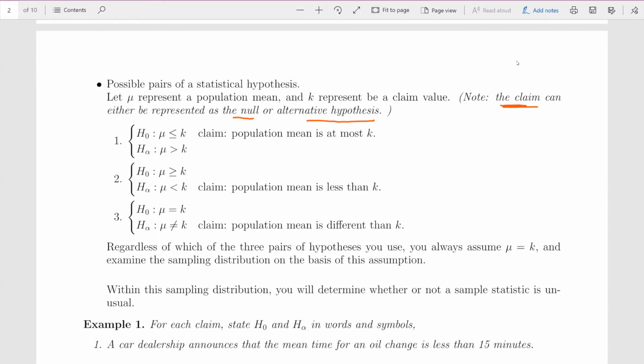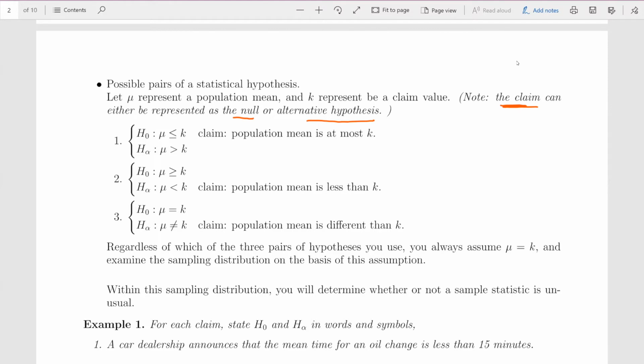Your claim can be either the null hypothesis or the alternative hypothesis. But later we will learn that usually you do not try to support your claim if your claim is in the null hypothesis. We will discuss those examples later.